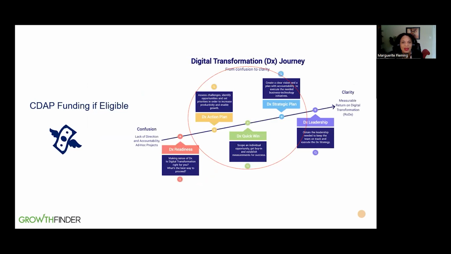If you are eligible for the CDAP program, if you're eligible for the CDAP funding, then the government is actually paying for us to work and do this plan for you, okay? So the CDAP funding, in essence, is for the outcome of this plan.